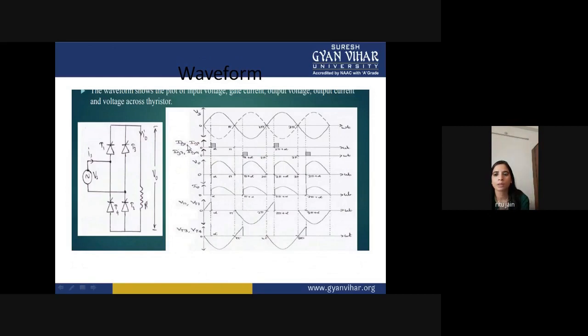IG1 is the gate pulse for SCR T1, IG2 is the gate pulse for SCR T2, IG3 is the gate pulse for SCR T3, and IG4 is the gate pulse for SCR T4. At a time two thyristors will conduct, either T1 and T2, or T3 and T4.